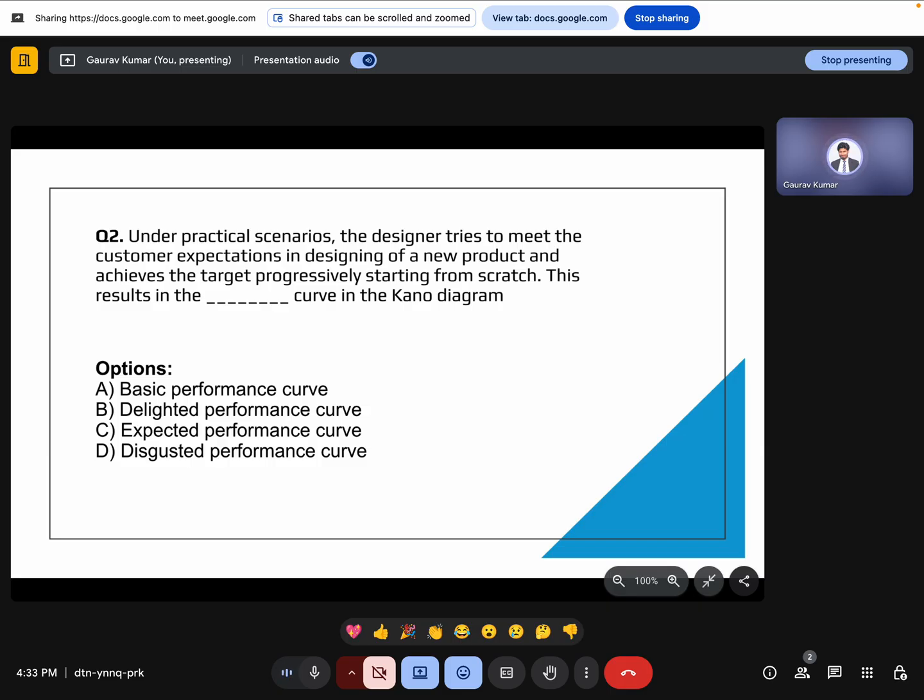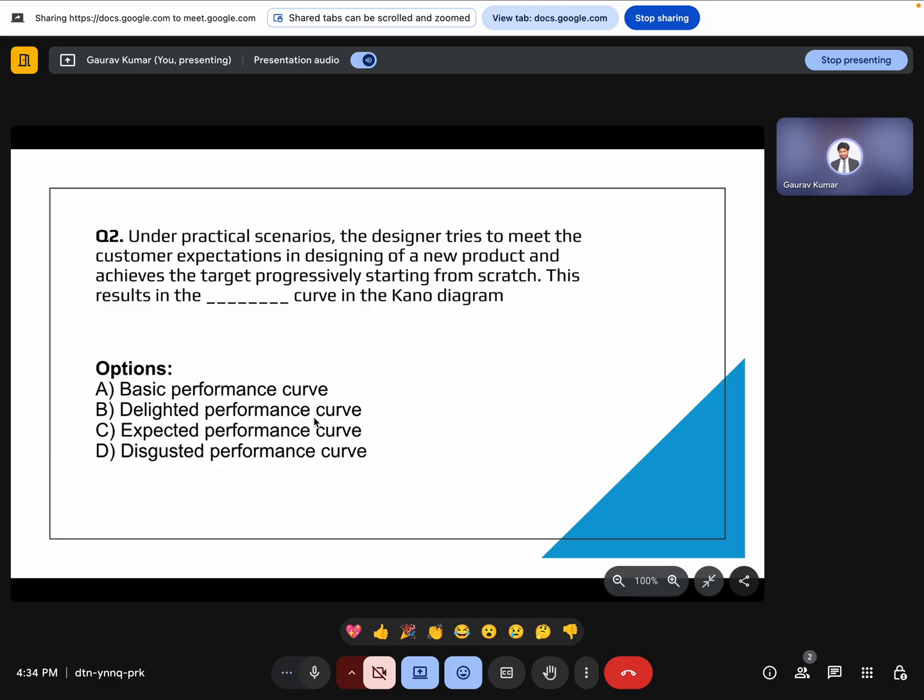This curve shows that even though customers may not explicitly demand certain features, when those features are provided, satisfaction rises sharply beyond the expected level. So the correct option is the delighted performance curve, because delight needs often work in a non-linear way. Their absence does not cause dissatisfaction, but their presence brings unexpected joy.